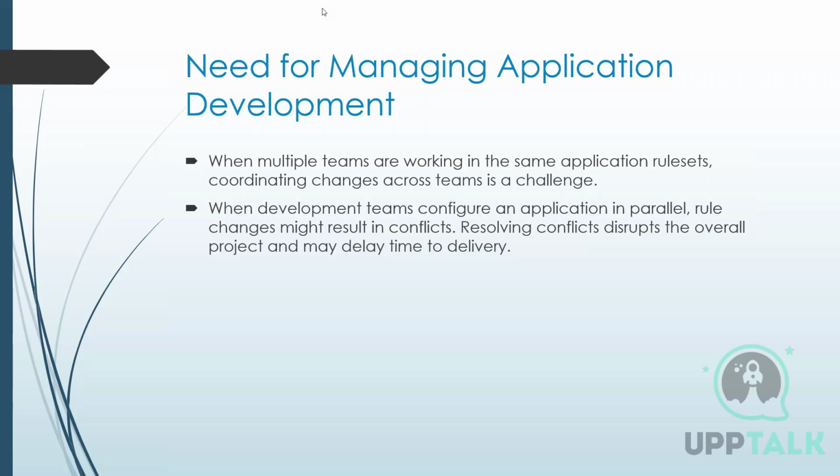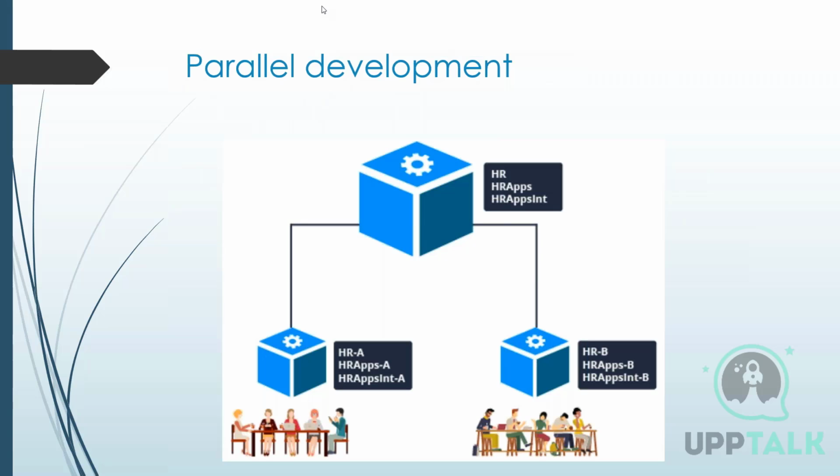Let me show you with this image where HR is an application. Now assume team A and team B are working on enhancing the HR application. For example, HR A is working on the UI enhancements. HR B is working on some new functionality. Both of them are important.